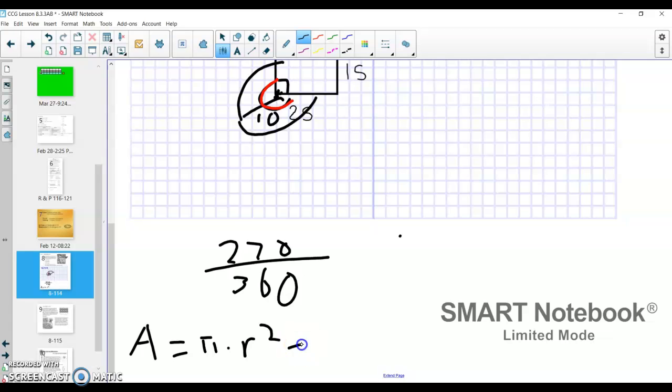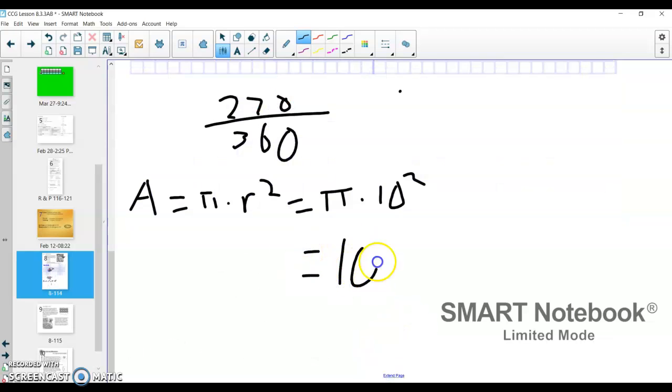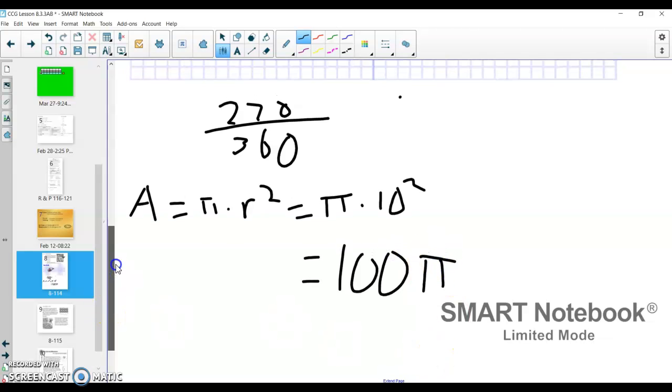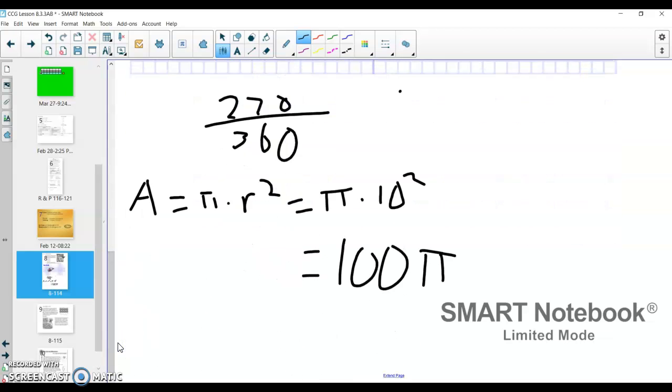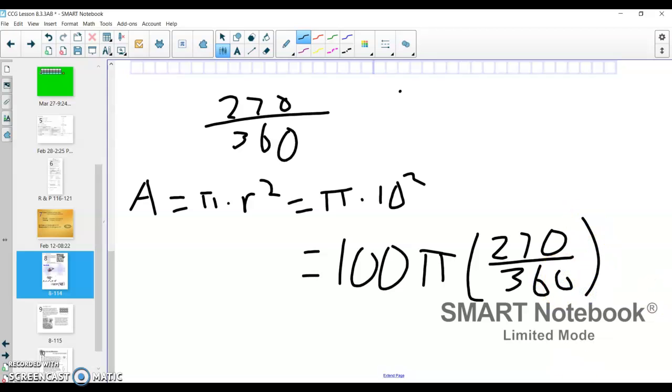So this becomes pi times 10 squared, which is 100 pi. That would be the area if it was a complete circle, but we only have a portion. So we multiply my area by the portion that we have, which is 270 over 360, and I will have my answer here.